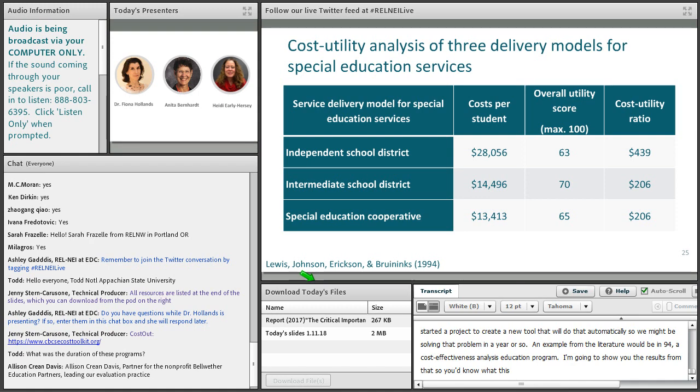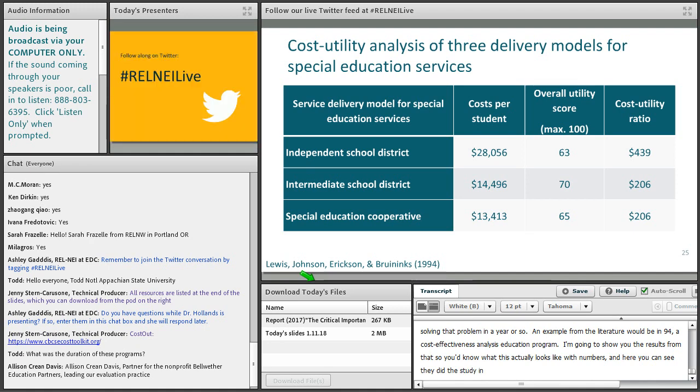And here you can see that they did the study in Minnesota, and the question was which of these 3 delivery models for special education services would provide the best satisfaction to stakeholders for the amount of money that they could invest in it.